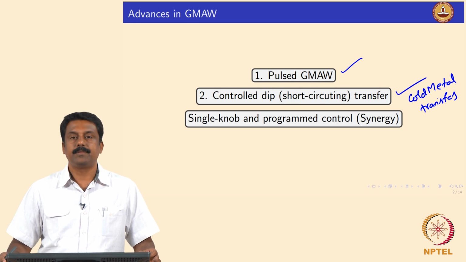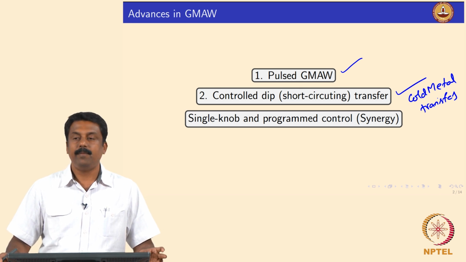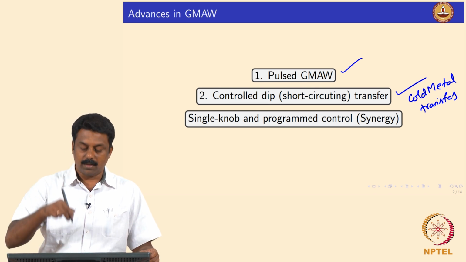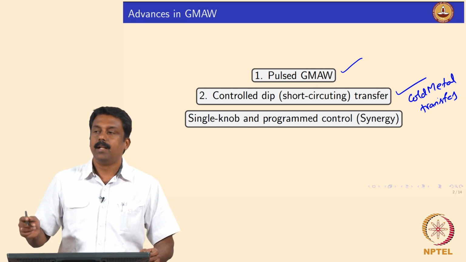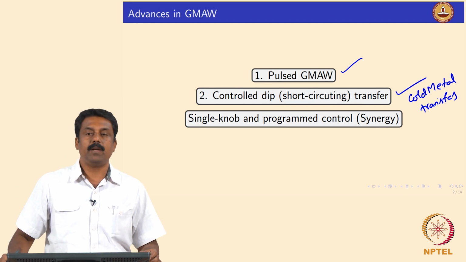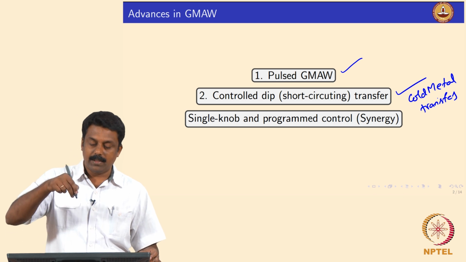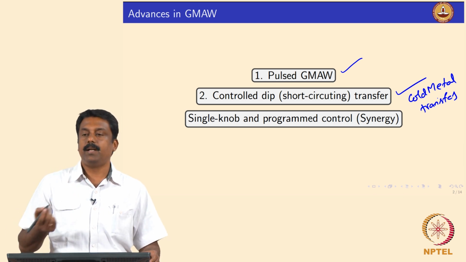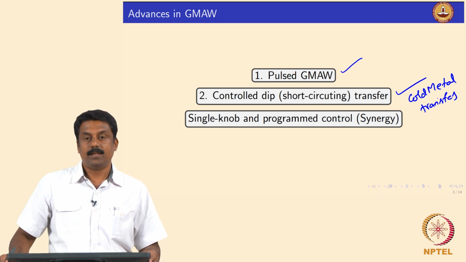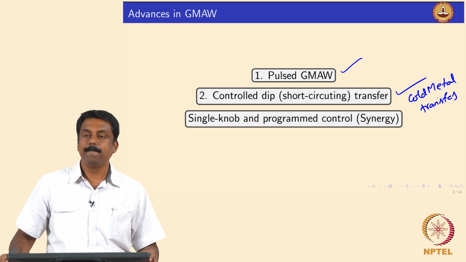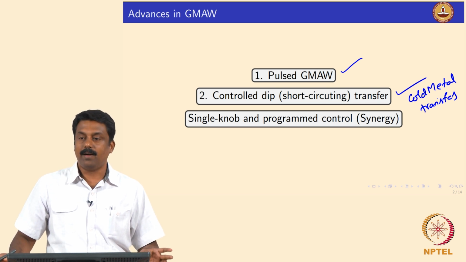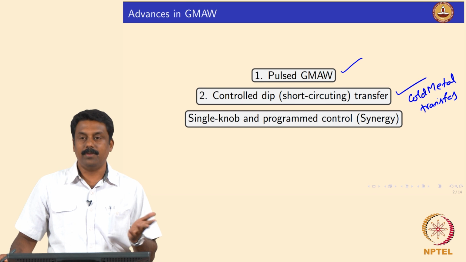the controlled dip short circuiting transfer, where we play around with the waveforms, because when you do a short circuiting transfer, there are some inherent problems the moment you have a short circuit. So what are the problems? For example, when a short circuiting event takes place, immediately your voltage becomes close to 0. Okay. So then your current is passed in a system where the voltage is 0. Okay.